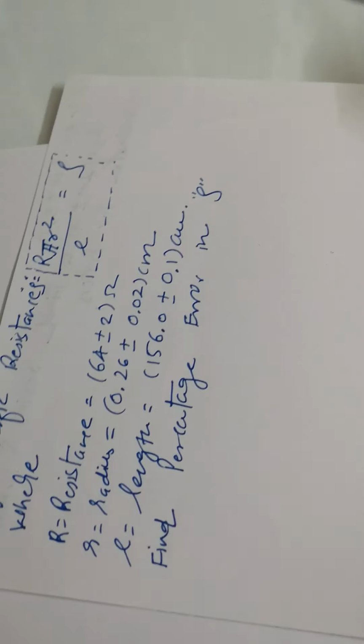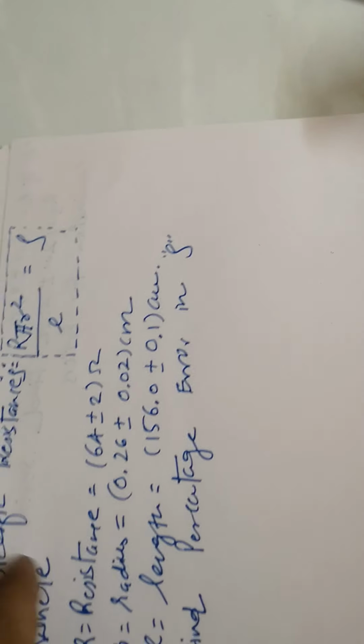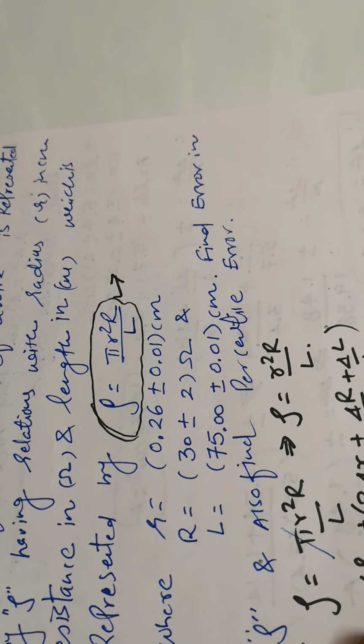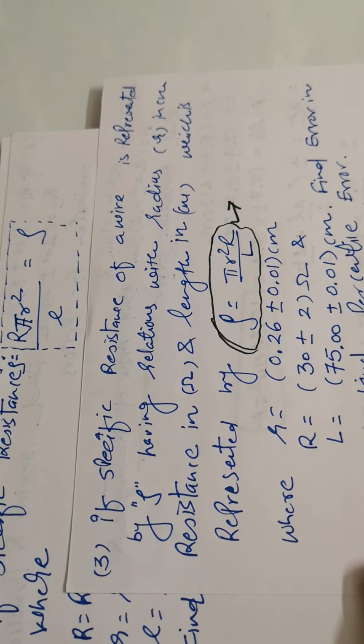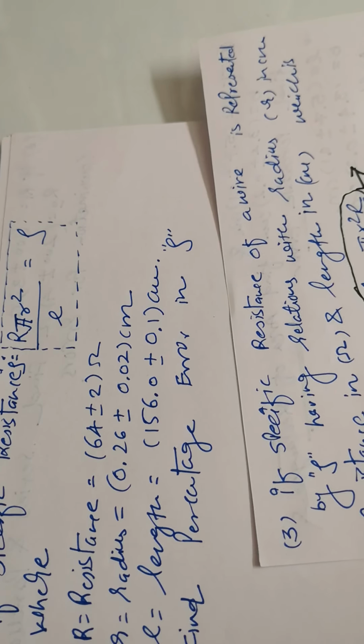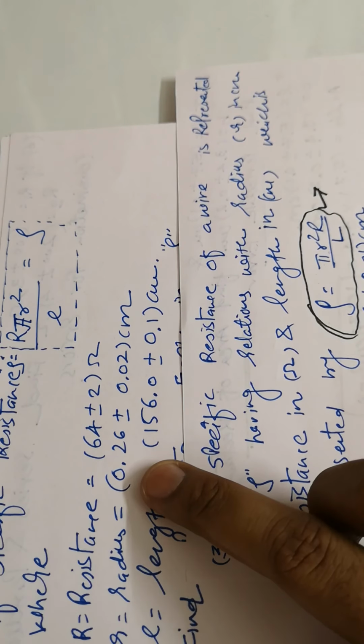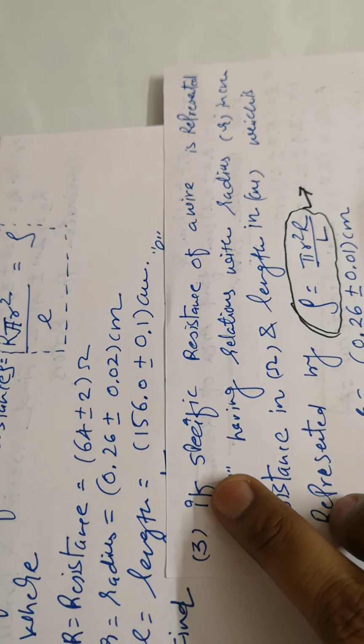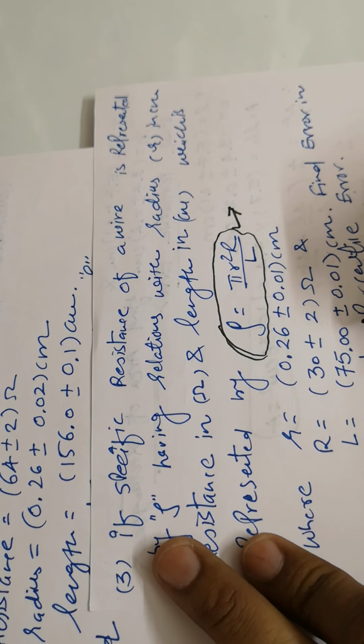Now we can go to another good example, which is the same example we have done. The third one, which is pi r square by L, but the data is somehow different. Here we have 0.26 plus or minus 0.02, I have 0.26 and 0.01. Length is something different, I have mentioned to you.